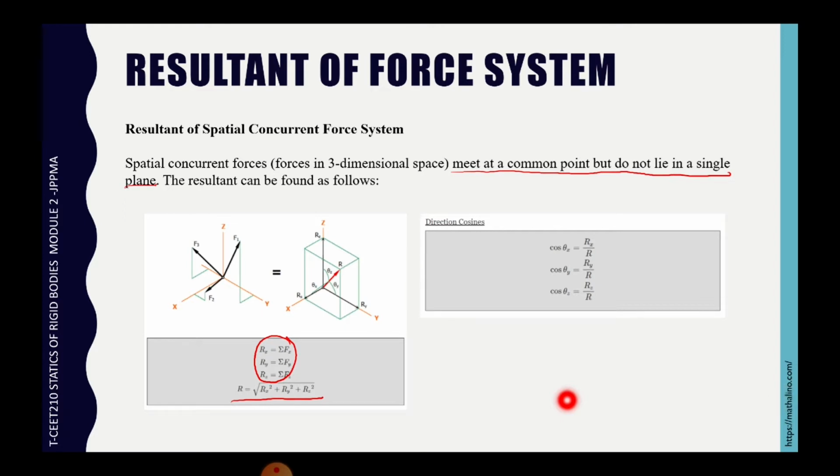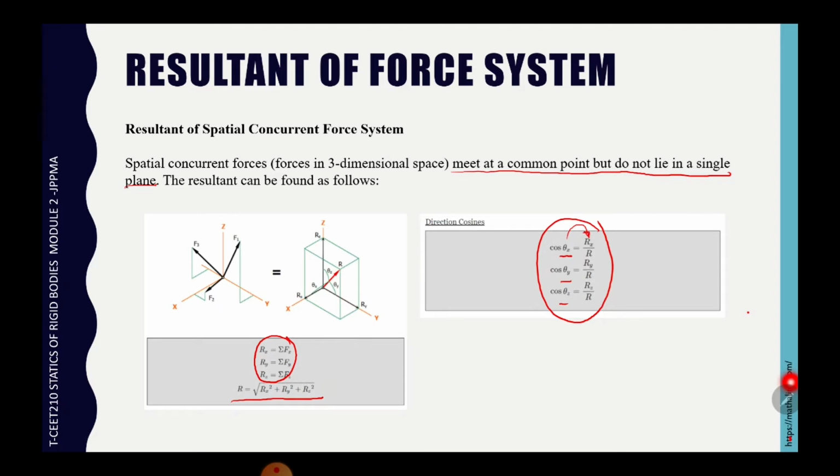So, yan. For the direction cosines, kanina tangent ang gamit natin, ngayon cosine ang gagamitin natin for each axis. So, meron tayong theta x, theta y, and theta z. And yung Rx na gagamitin natin, kapag theta x, Rx ang gagamitin natin.